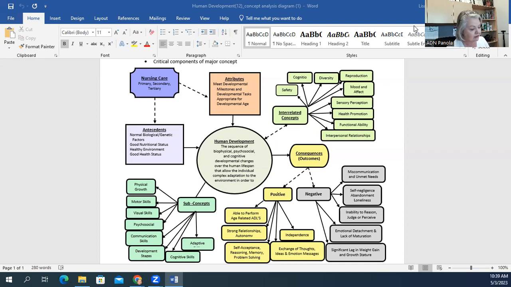Again, the CDC has created a website, Learn the Signs, Act Early. And I want to say again, like I'm telling you all the time, early recognition of common behavioral and developmental signs will lead to early intervention. And the earlier you intervene, the better the outcome is going to be. That's why I keep really honing in on cues.